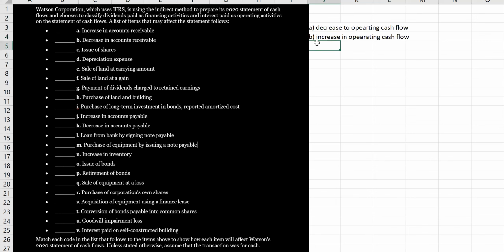See, the issue of shares. How are we going to record that? Well, this is going to actually be a cash inflow to our financing activities, because issuing shares is a financing activity because it's something that companies do to raise capital or raise cash.